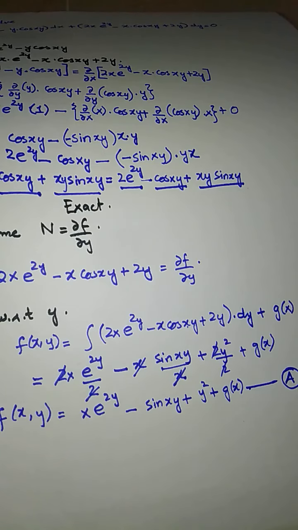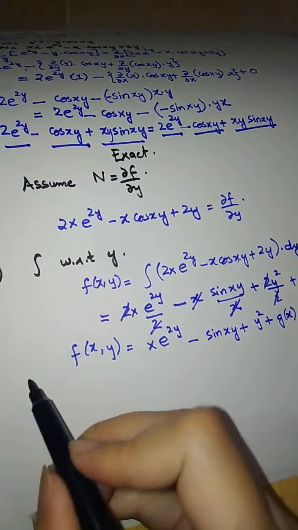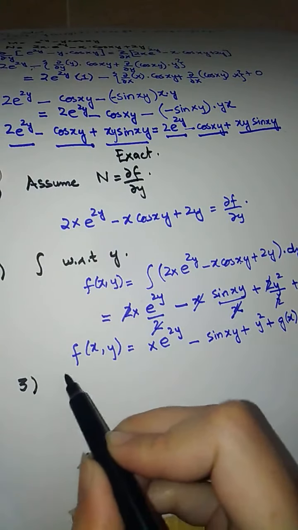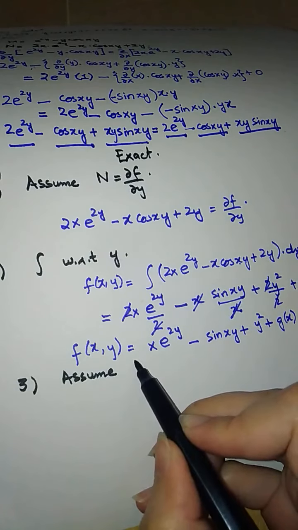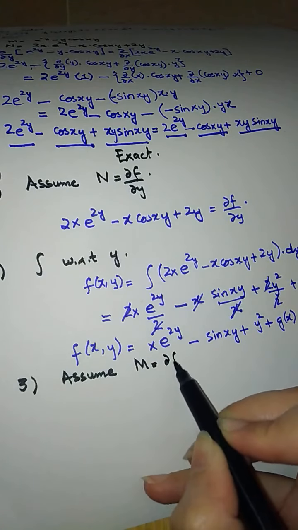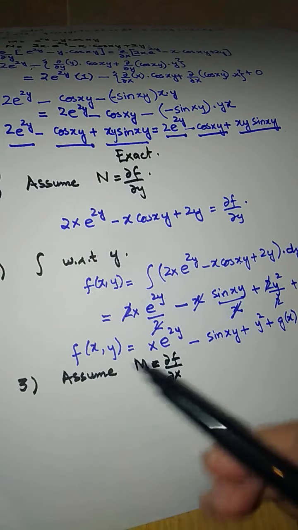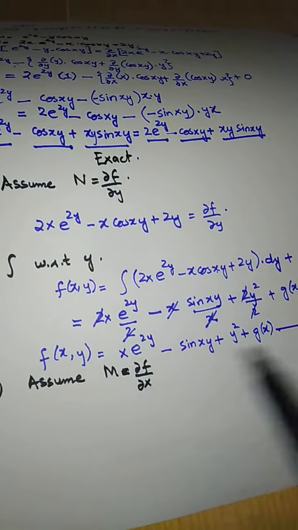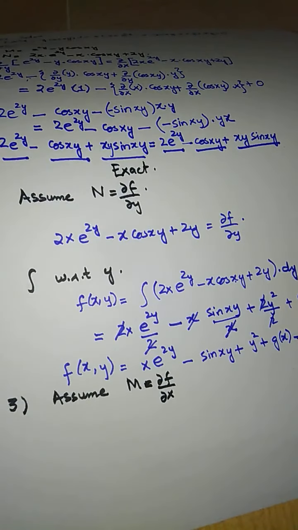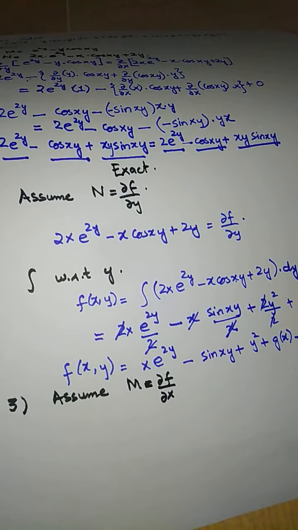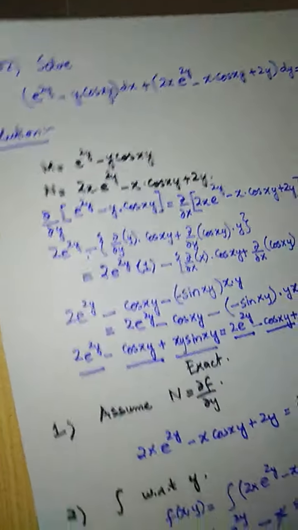Okay, in the next step, the third step, you have to assume M equals partial f by partial x. Now what you have to do is differentiate this equation A with respect to x. M function is e to the power 2y minus y cos of xy.